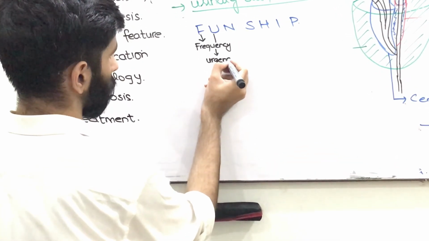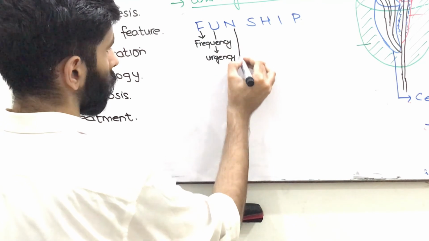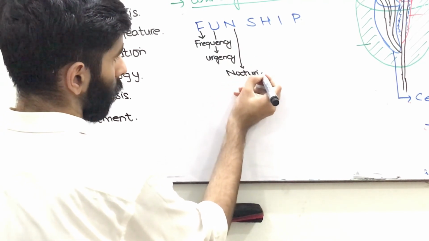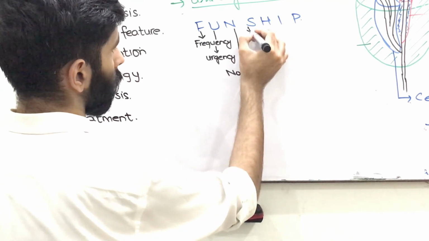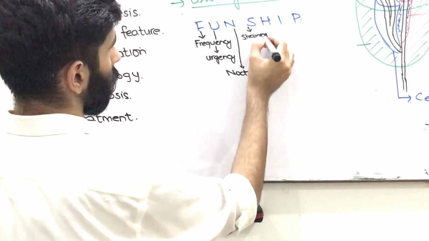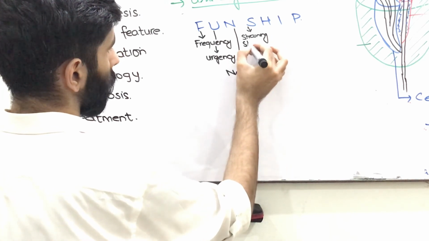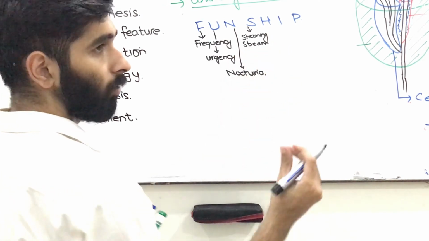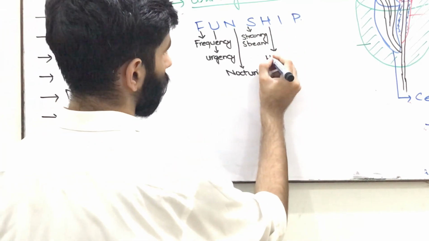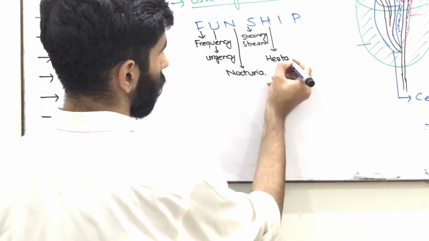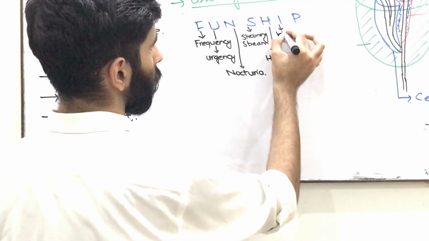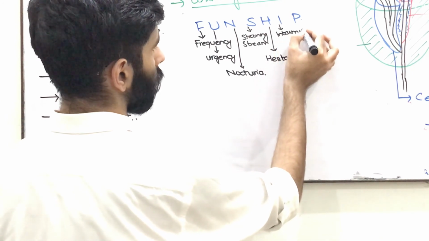Then urgency, nocturia, straining during urination, and a thin stream of urine. Hesitancy, which is difficulty in the initiation of urination, and intermittent urine outflow.